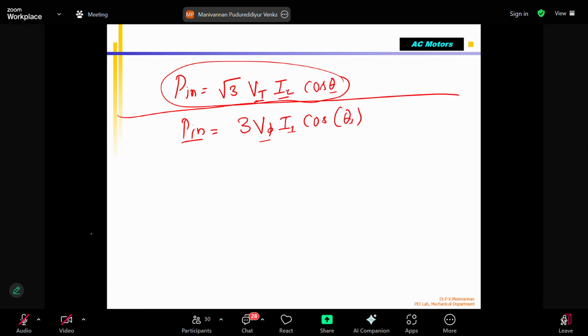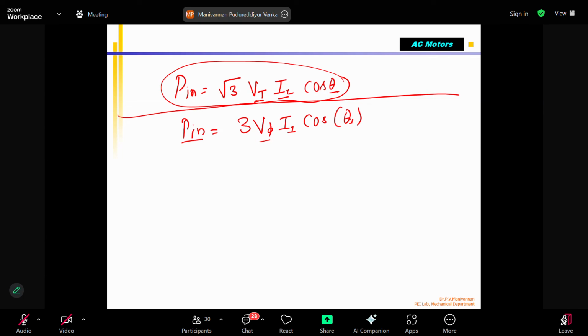Sorry to interrupt, sir. Can you please explain the difference? Yeah. Theta 1 is the phase angle between the terminal voltage and terminal current. And here we are talking about the phase current with respect to phase voltage.